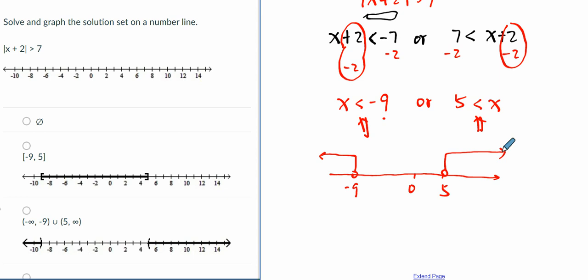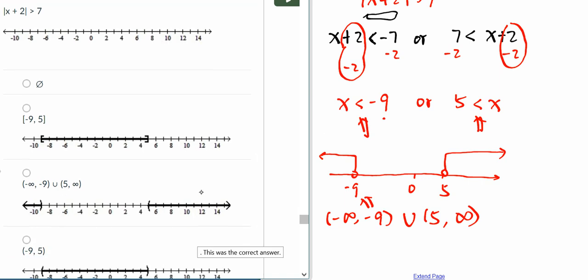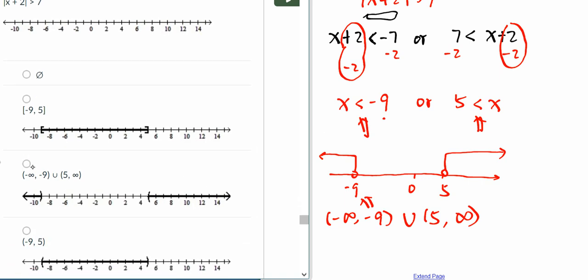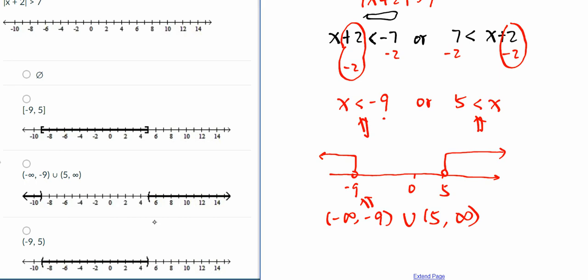That's on the real number line. For interval notation, negative infinity up to where? Negative 9, or union, positive 5 to infinity. So that will be 1, 2, 3. The third one, this one, will be our choice. Okay, now keep going.